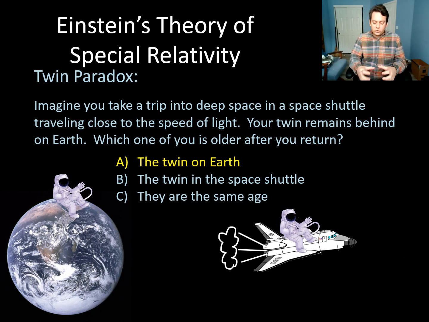Then they bring those two back together and compare the clocks, and they are different, and the amount by which they're different exactly matches the predictions of special relativity. So all of this is mind-bending stuff, but I don't know of any theory in the history of science that has been tested as thoroughly as special relativity, and every single time, without exception, it has been proven correct.